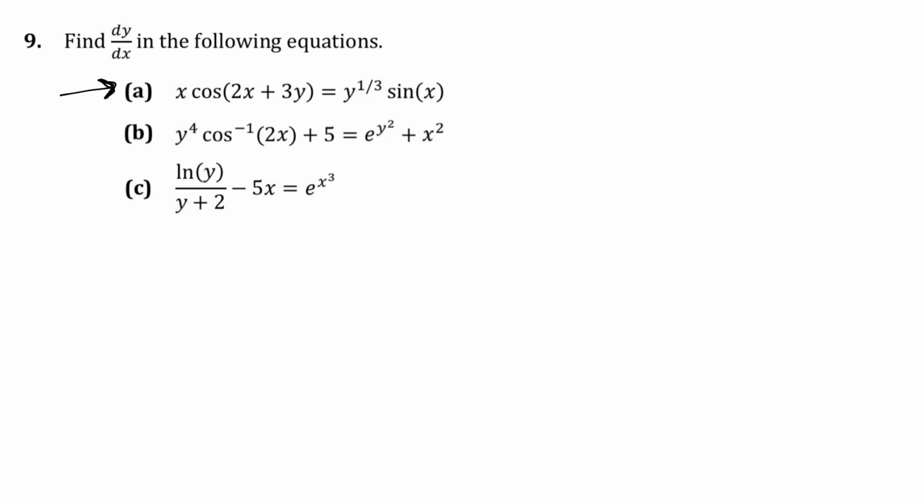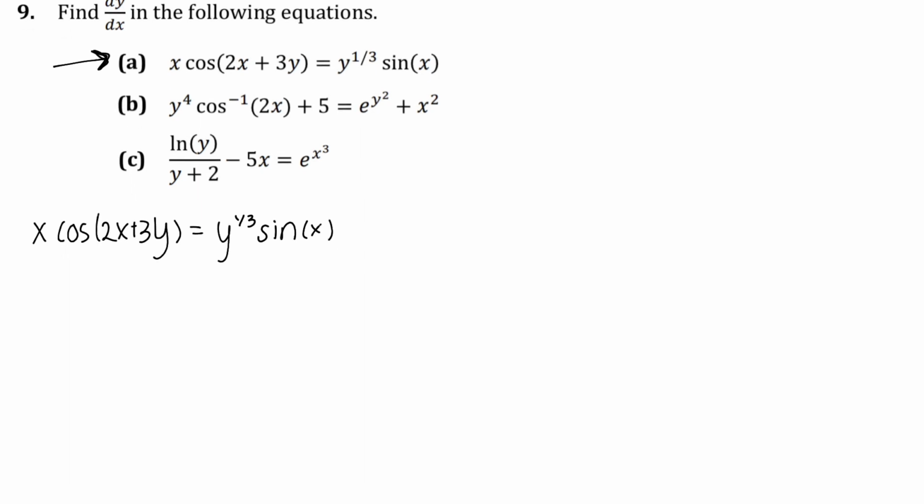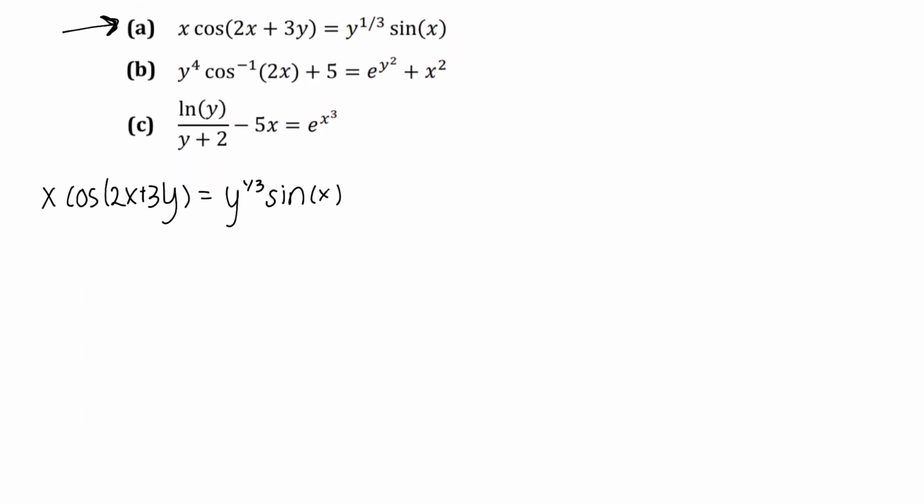So we're going to do implicit differentiation here. So we are differentiating both sides here. So we have x cosine of 2x plus 3y equals 1/3 y to the 1/3 sine x. We're going to have to do product rule. So we have f and g.